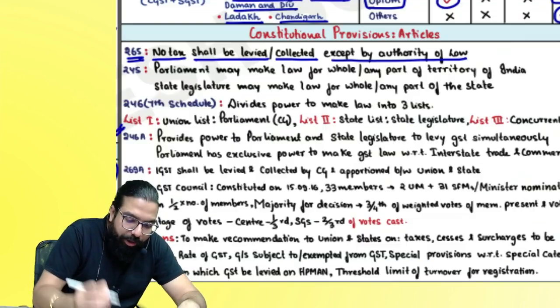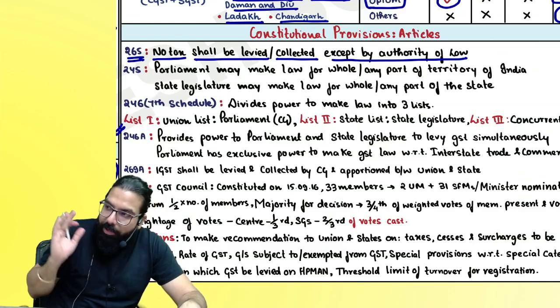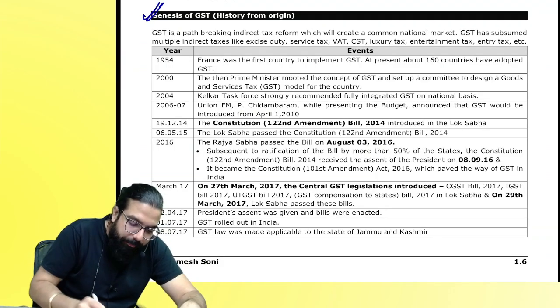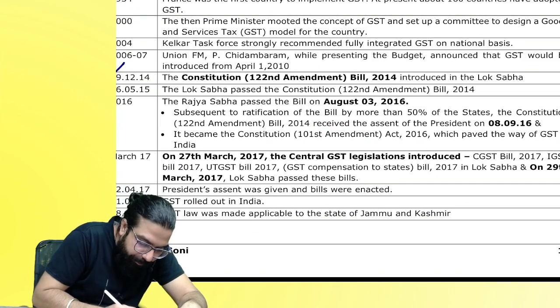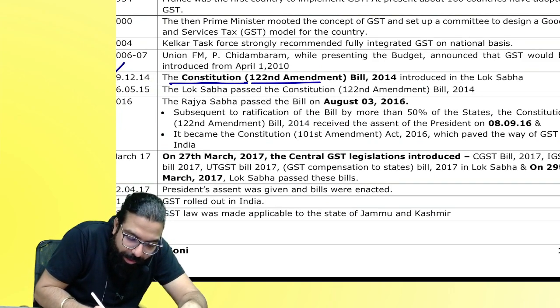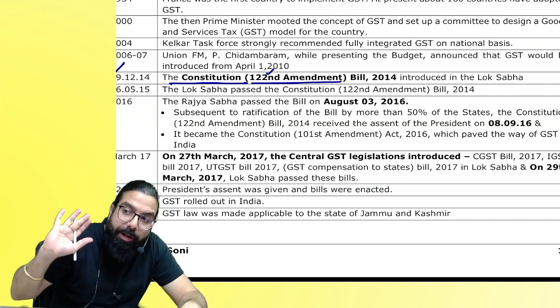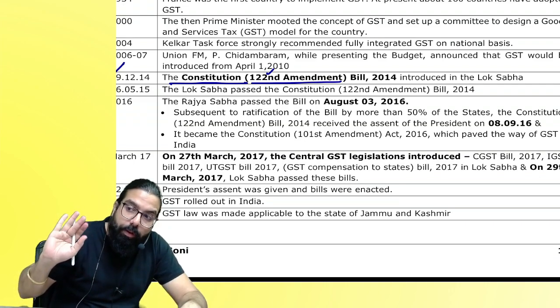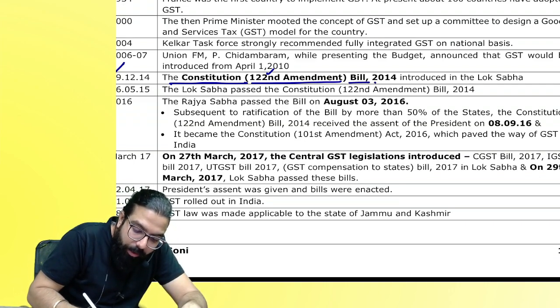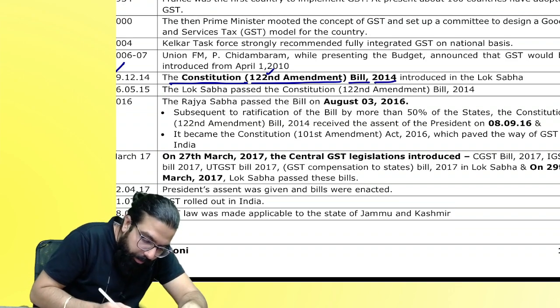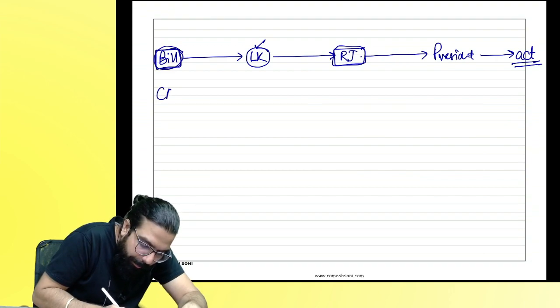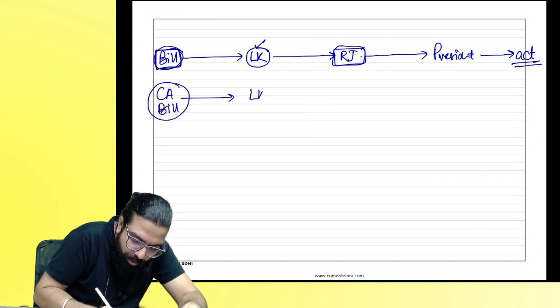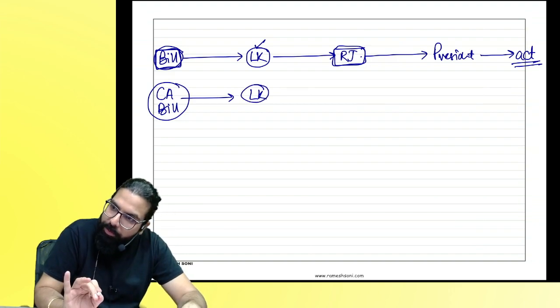Now, everyone listen. In the constitution, first of all, they introduced the 122nd constitutional amendment bill in 2014 in the Lok Sabha. Can you see over here? Lok Sabha talking etc. happened.